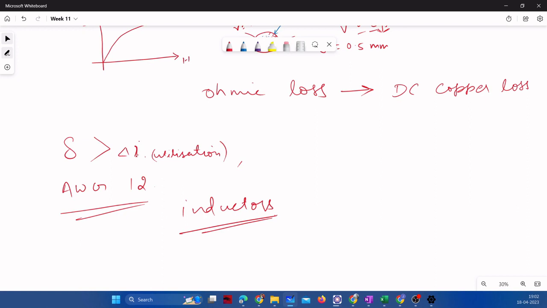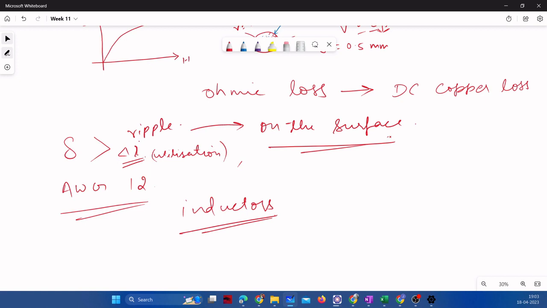You meant this delta I, this ripple? Yes, and that has to flow within the skin depth, on the surface. Then you are utilizing that conductor very well. This is the beauty of winding the inductor. You mean that the ripple has some certain frequency.